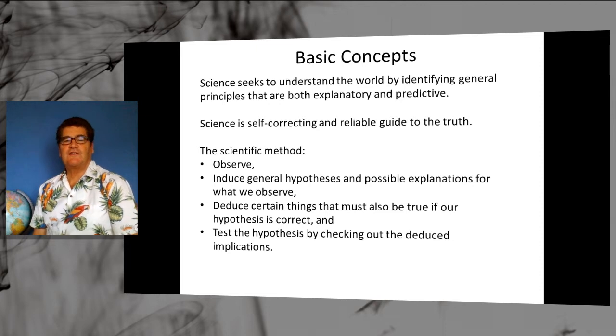We induce general hypotheses and possible explanations for what we observe. Then we deduce certain things that must also be true if our hypotheses are correct. And then we test those hypotheses by checking out our deduced implications. This is the standard scientific method by which we gain knowledge.